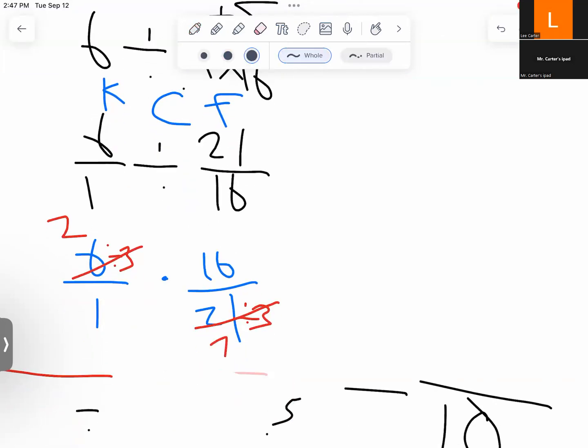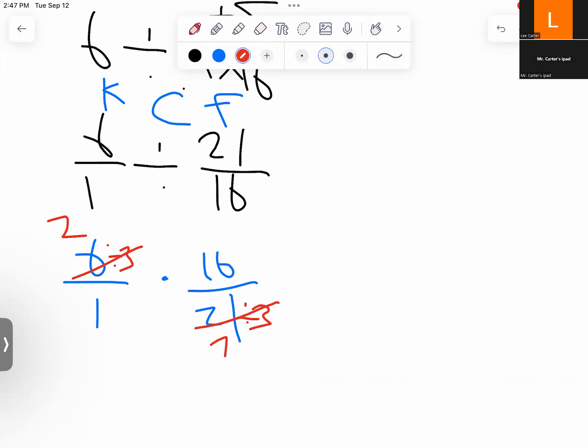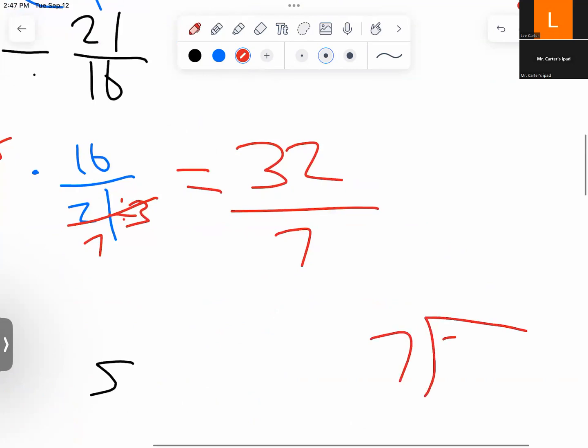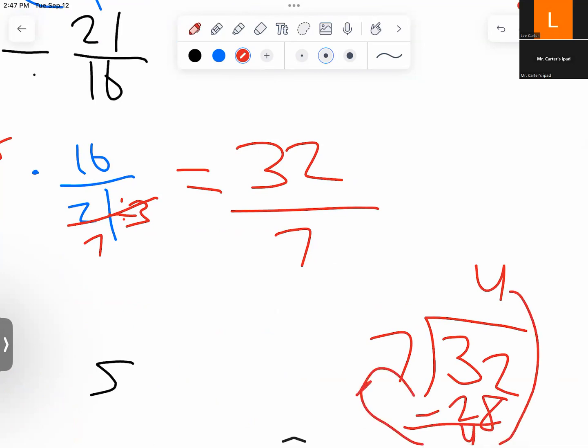All right, so now we're ready to multiply across. 2 times 16, which you could do on the side if you need to, is 32. 1 times 7 is 7. Then we divide 7 into 32. 7 times 4 is 28. Gives us a remainder of 4. So we have 4 and 4/7.